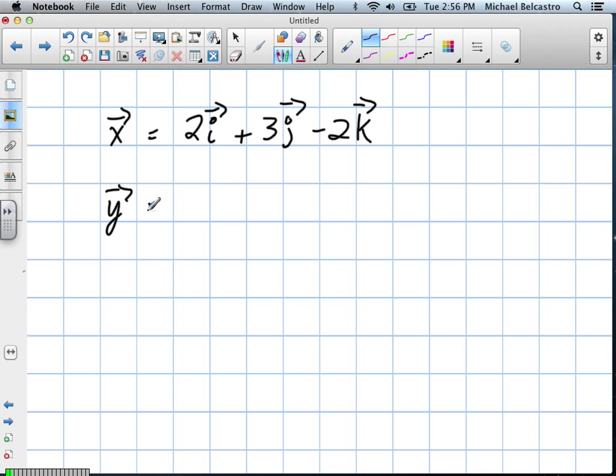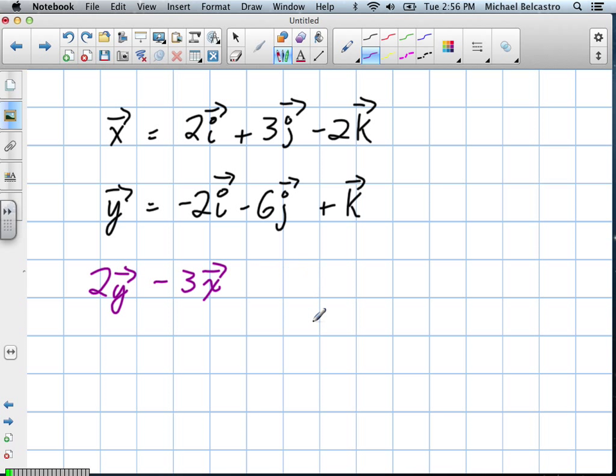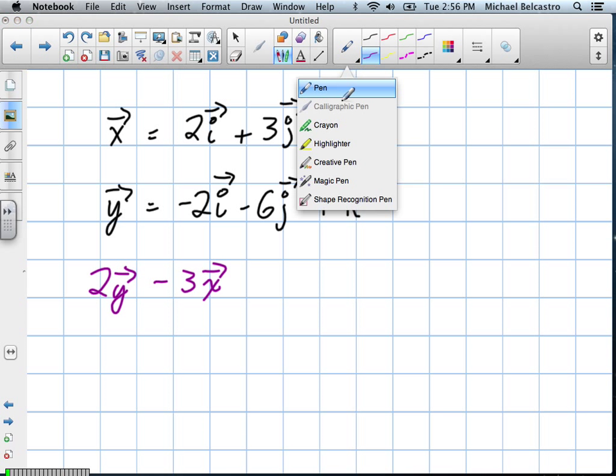Vector y is negative 2i minus 6j plus k. They might ask us in a question to take 2y minus 3x.